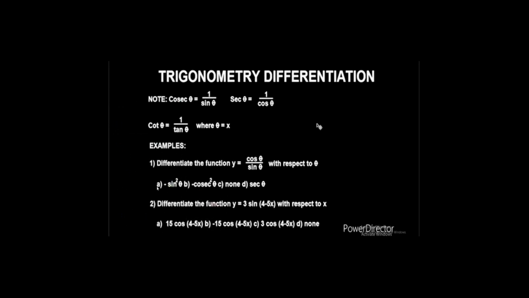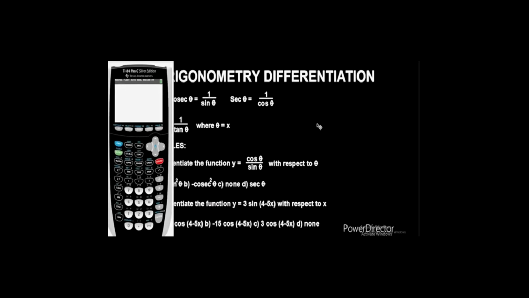Option A says minus sine square theta. Now guys, if you press this negative sign button here, it's going to start with answer, so this is not the right negative sign to make use of. Just clear this. The right one to use is this one here, because it's not meant to start with answer.